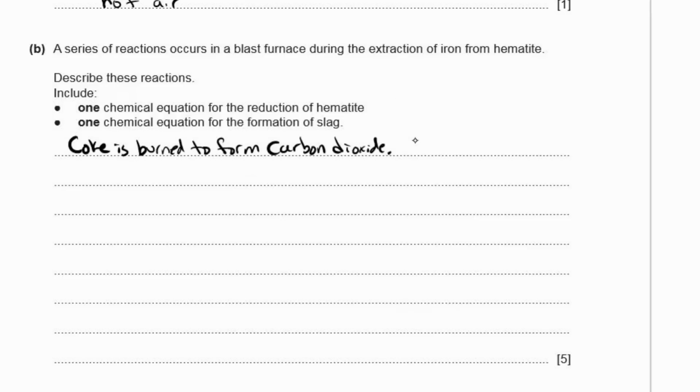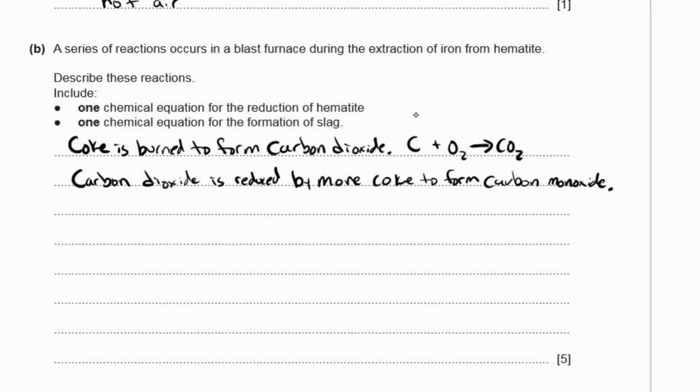That is carbon plus oxygen, because when you burn something, it's reacting with oxygen, and it produces CO2. The second thing that happens is carbon dioxide is reduced by adding more coke to form carbon monoxide. So you have the coke, the carbon, plus the CO2, and that produces carbon monoxide.